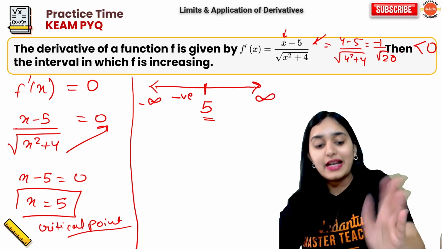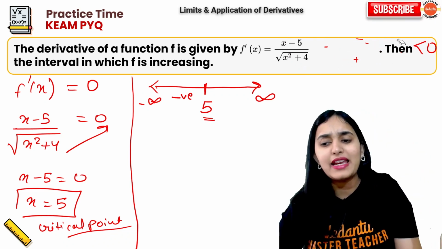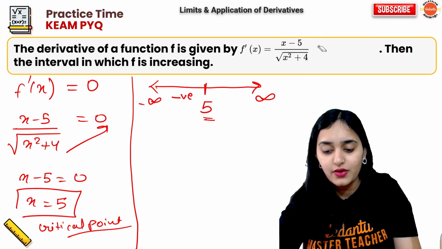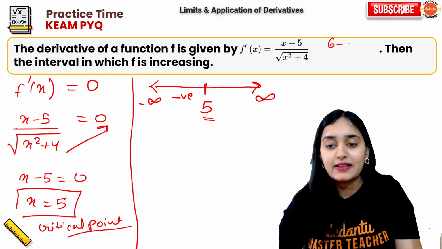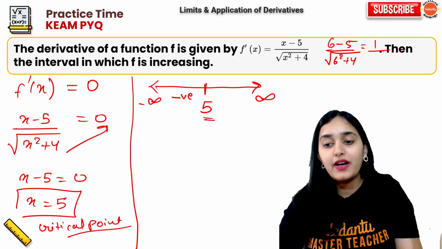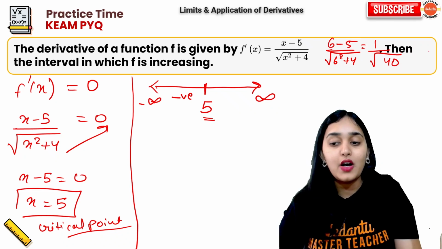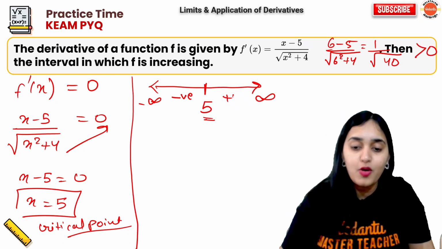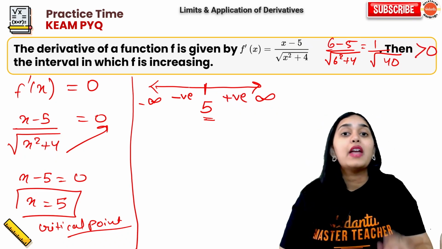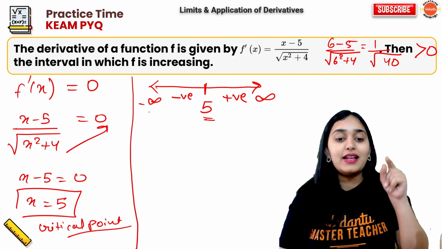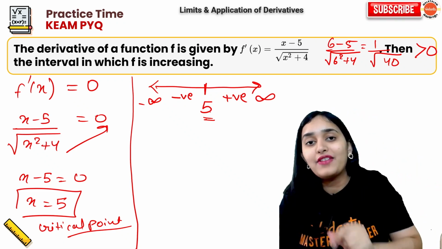Now put a value greater than 5. Take any example greater than 5. Suppose I take 6. So 6 minus 5 upon root over 6 square plus 4. This is 1 upon root over 36 plus 4 is 40. Now this is a positive value. So my function from minus infinity to 5 is coming negative.